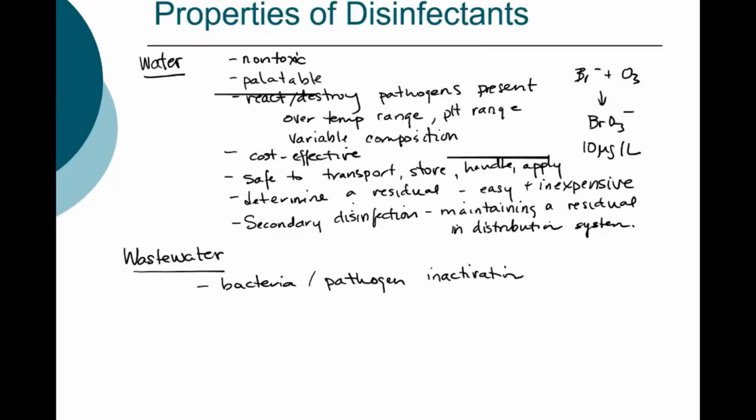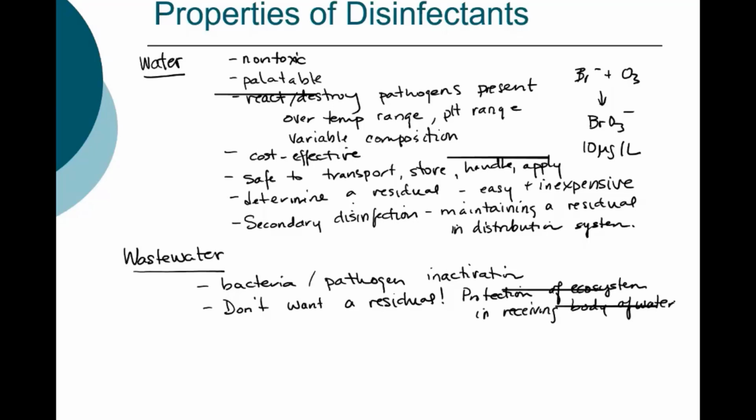Why didn't we just discharge wastewater with chlorine? We don't want a residual. Why? Because we don't want to kill the natural organisms in a receiving body of water. So the whole purpose of that dechlorination basin was to ensure that there wasn't a residual.